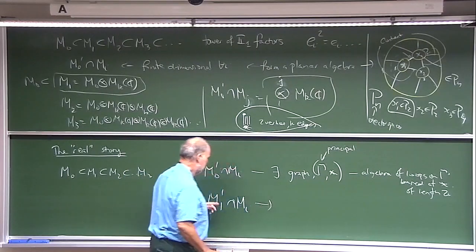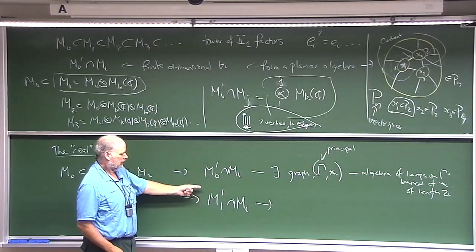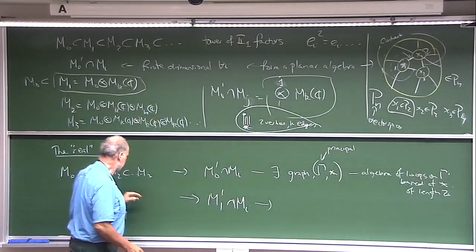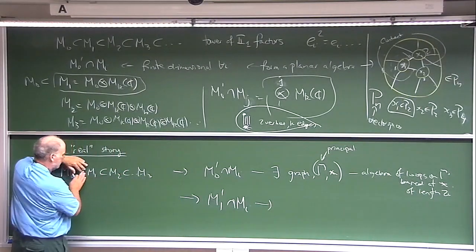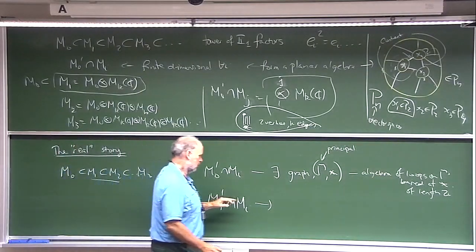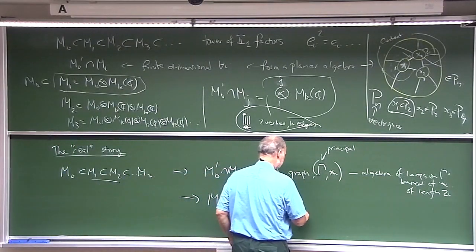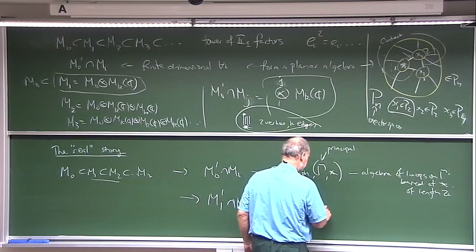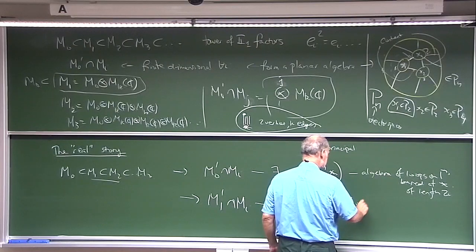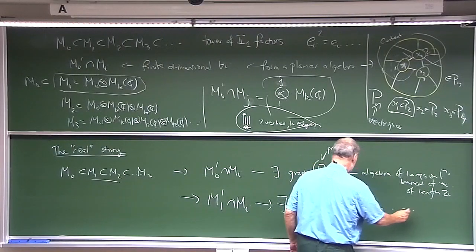Well, in general, this means these M1 prime intersect Mi are precisely the tower corresponding to this subfactor here. Okay? So therefore there exists another graph, gamma prime, such that it's the algebra of based loops on that.